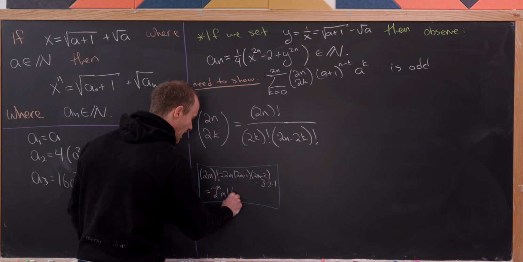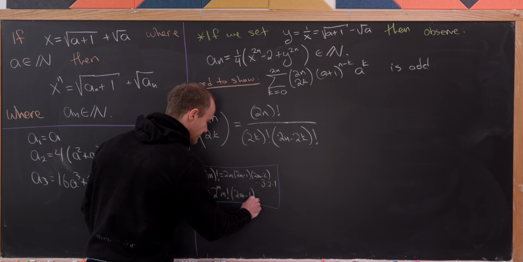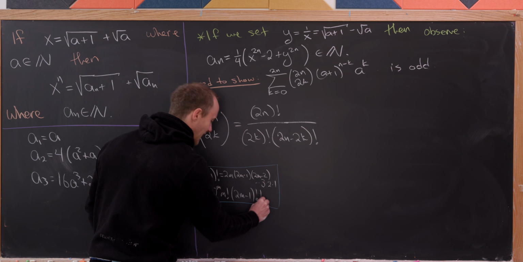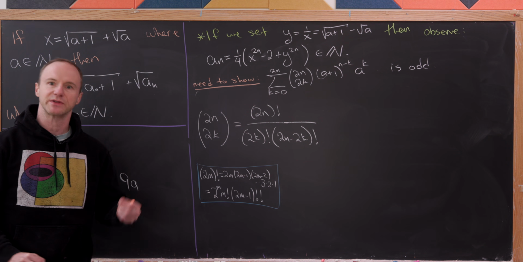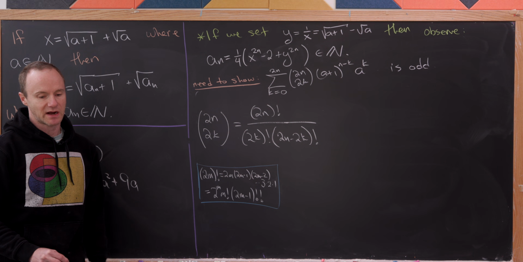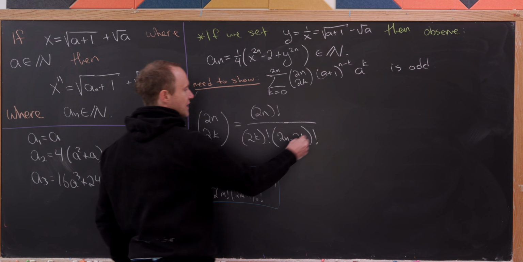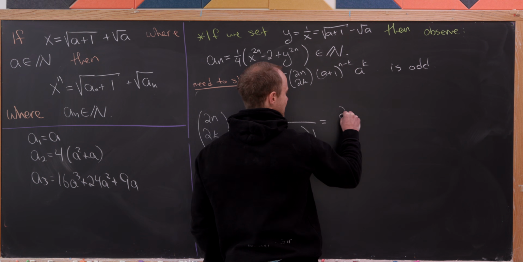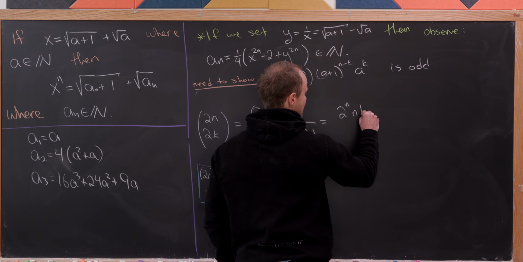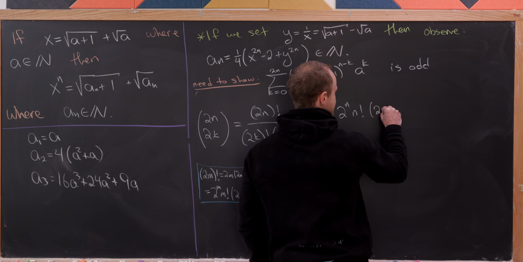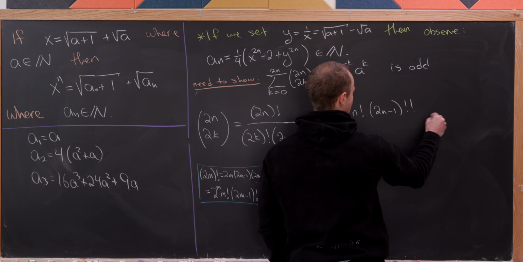And then after that, I've got the product of all of the odd terms, but that's going to be 2m minus 1 double factorial. That's simply 2m minus 1 times 2m minus 3, and so on and so forth. But now I can do that in the numerator as well as the denominator here. So that's going to give me 2 to the n times n factorial times 2n minus 1 double factorial.